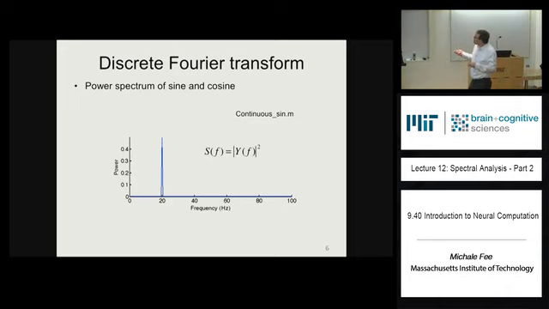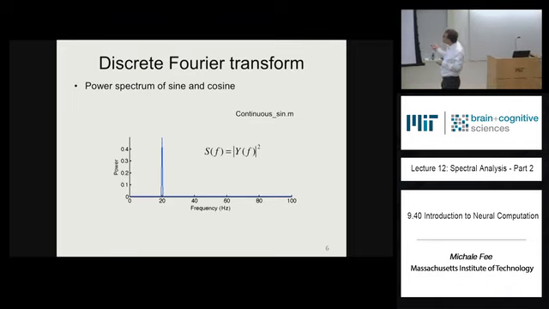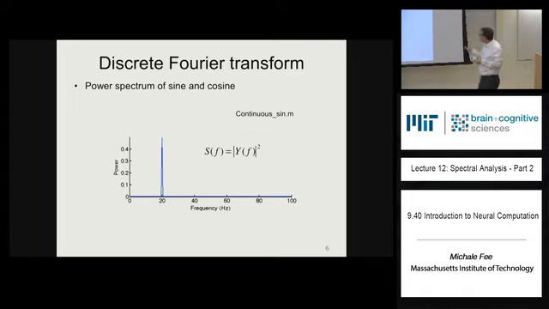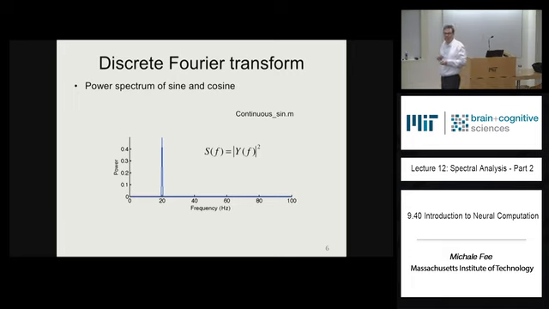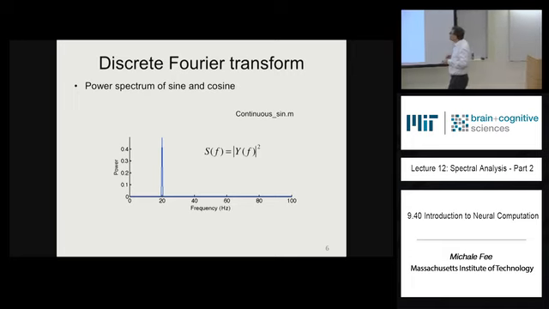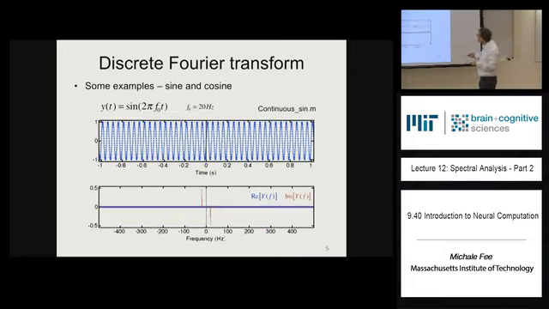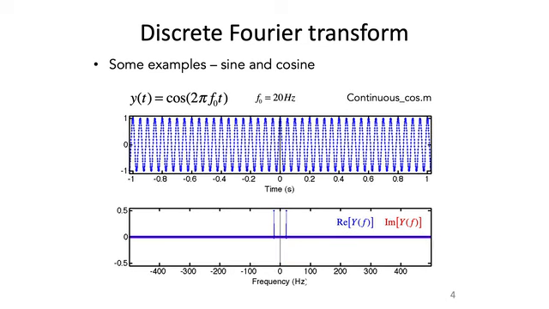Okay, now we introduced the idea of a power spectrum, where we just take the Fourier transform and we take the square magnitude of that Fourier transform, and you can see that the power spectrum of the sine and cosine function is just a single peak at the frequency of the sine or cosine. And you can see why that is, because the sine and cosine have a peak at plus 20 hertz.